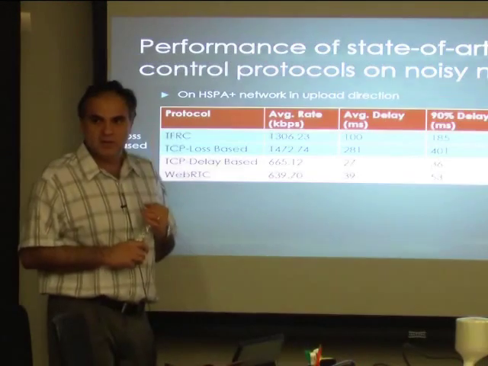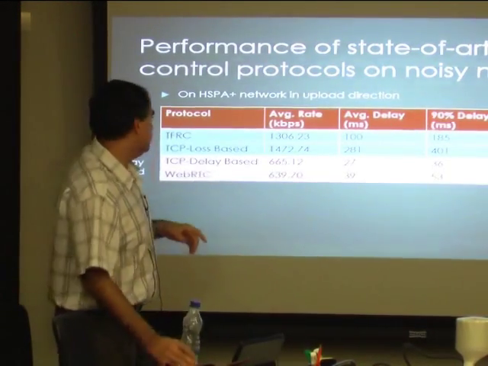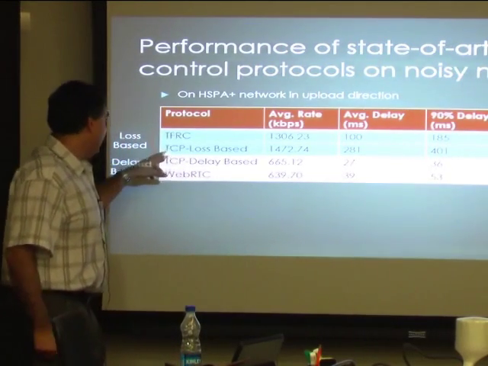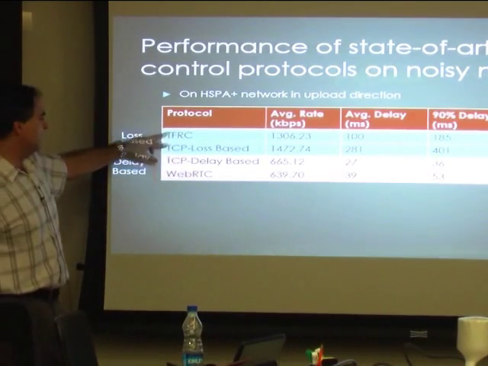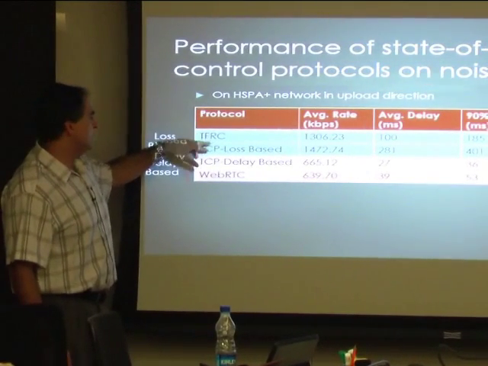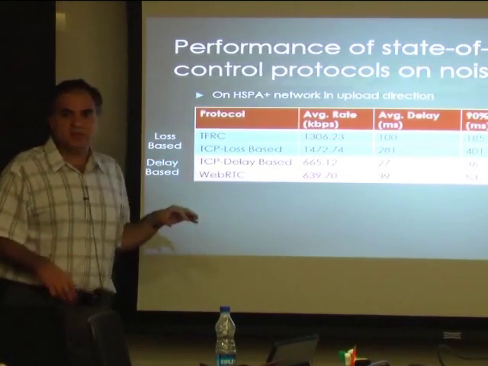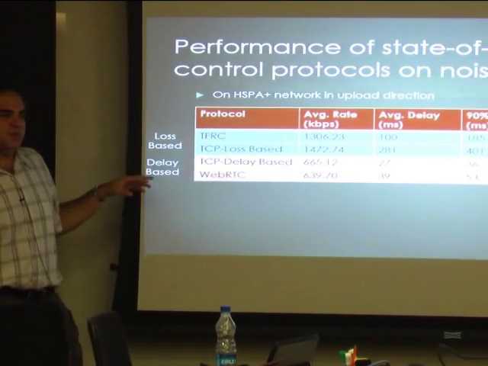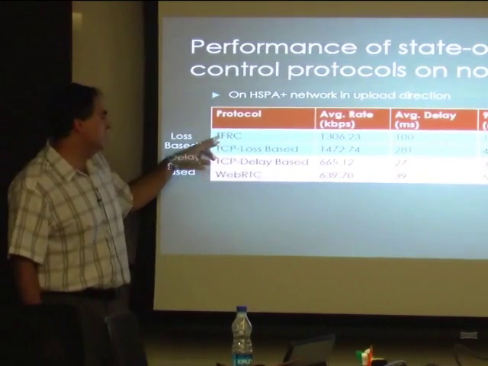And so how do existing protocols perform on these types of networks? Here I have, essentially, loss-based rate control protocols. This is, let's say, standard TCP, what you see in default Windows TCP.